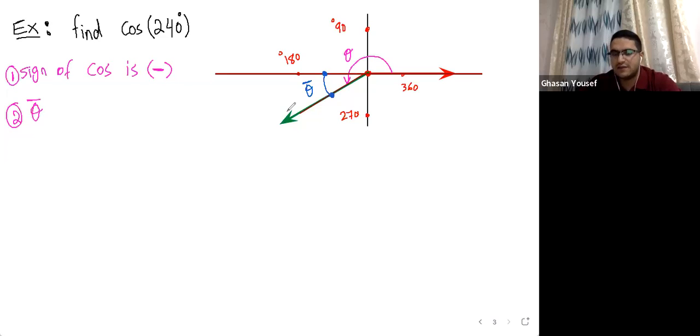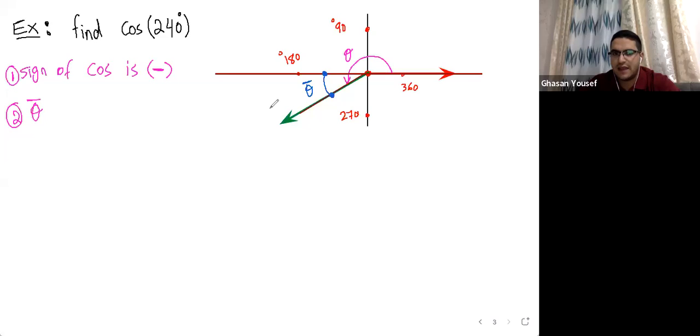No, Delian, the reference angle should be from 180. You cannot do 270 minus this, because the angle is between the x-axis and the terminal side. Wherever you said 270 minus 240, it is between the y-axis and the terminal side. But my angle should be from the x-axis to the terminal side.